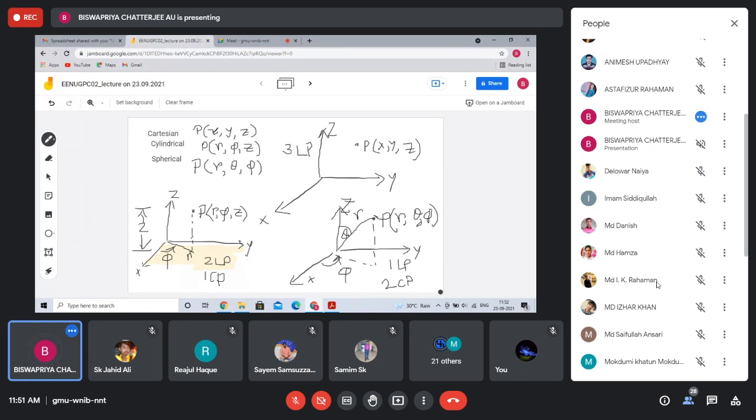This is not the end. Apart from these three, a lot of coordinate systems are there.